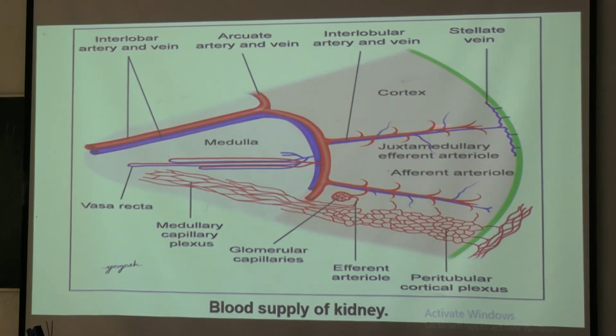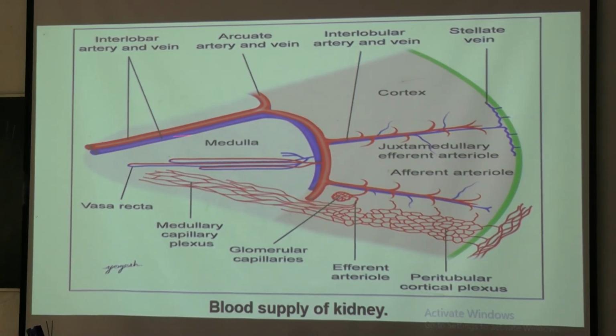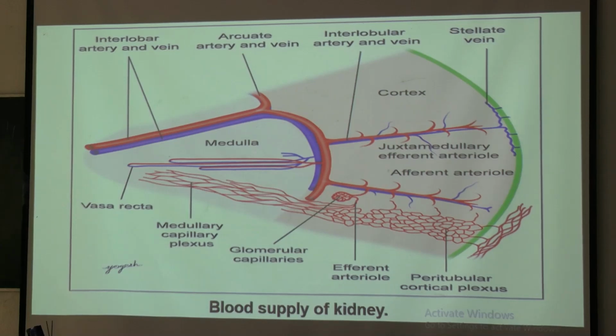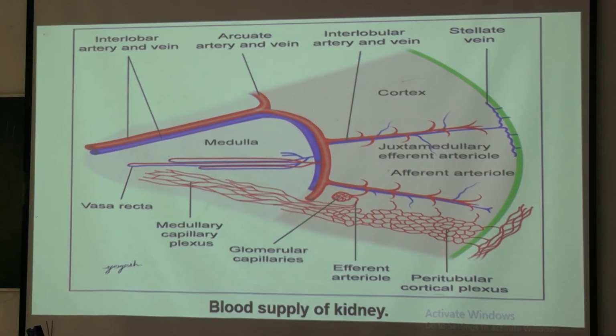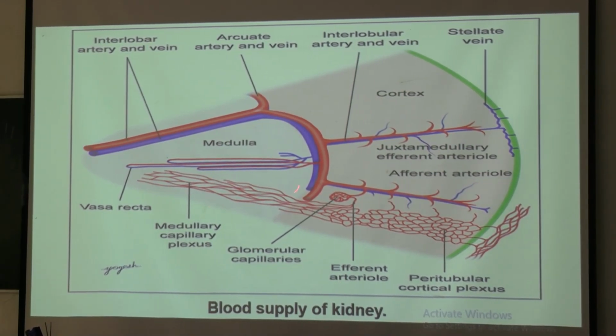Okay, interlobular veins join to form the arcuate vein. Arcuate veins join to form the interlobar vein, and these interlobar veins join to form the renal veins. Okay, so that's how blood is circulated through the kidney. Understood? And there are some loops in the medulla.